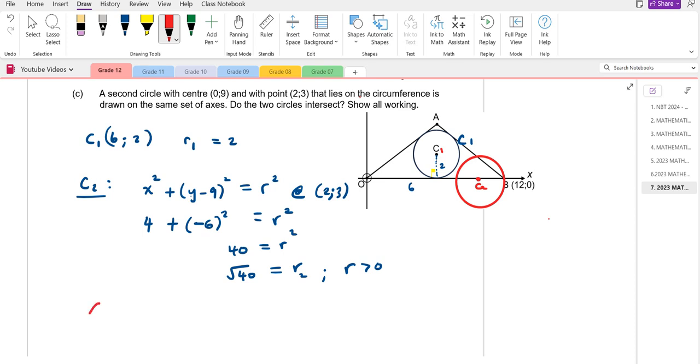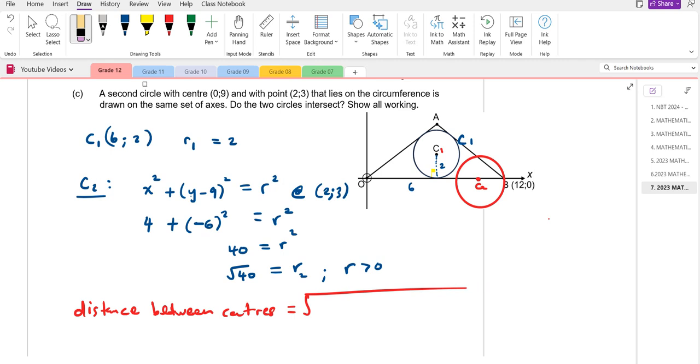So the distance between the centers, let's find it. The distance between the centers is equal to the square root of, using the distance formula, what's the center here? The center here is (0, 9).